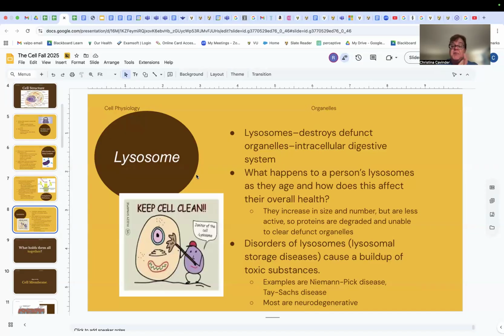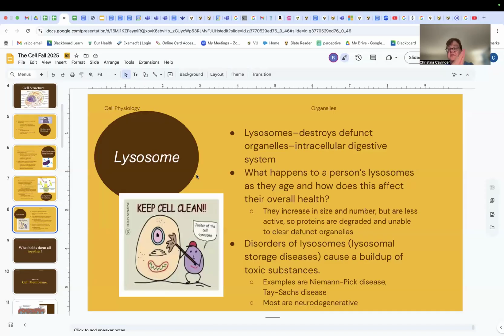So first of all, what happens as a person's lysosomes age, and how does this affect their overall health? So the lysosome will increase in size and number, but they don't do as much as they used to. So things kind of accumulate in the lysosome. So proteins are degraded and unable to clear that defunct organelle. So you've got some junk sitting in the cells.